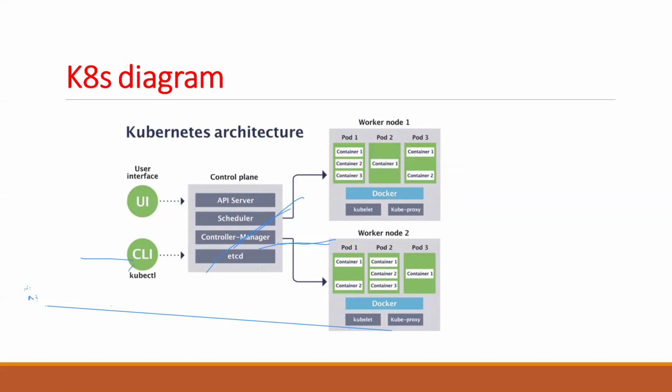For the UI you can use Rancher or Lens. Like connecting to AWS, one is the console UI and the other is the AWS CLI. In the same way, here also we have two types, UI and CLI. Guys, got it?